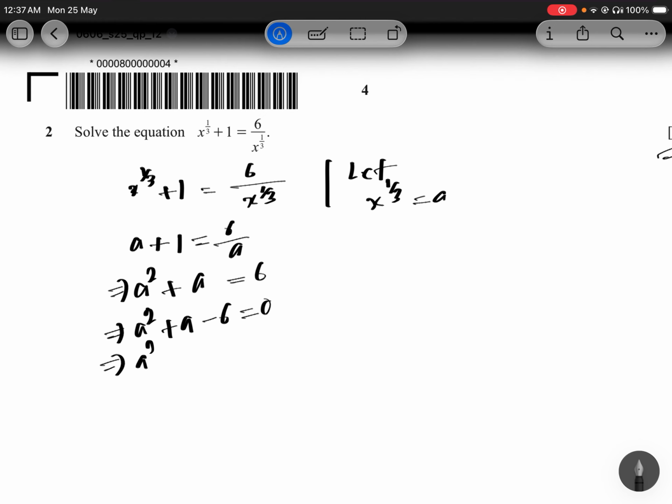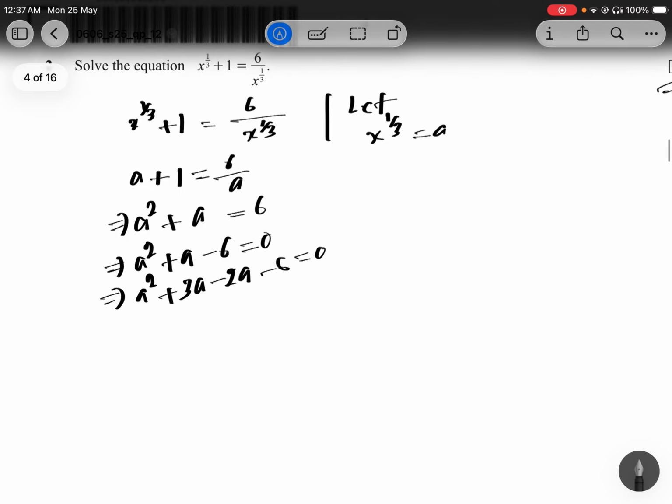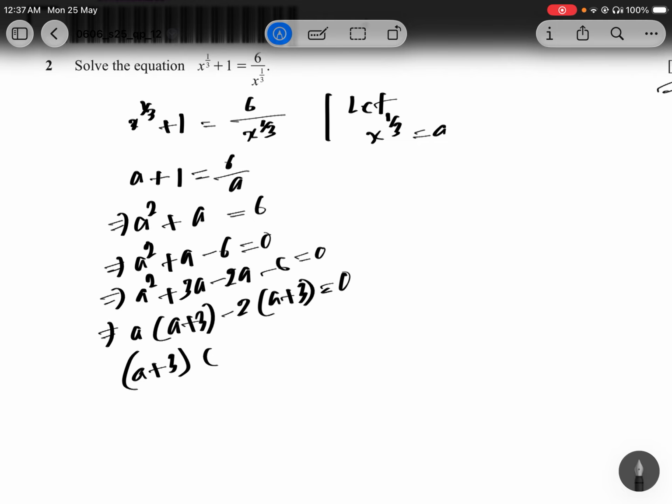Here I have to split the middle term. So which is a squared plus 2a minus 3a minus 6 equals 0. If I take a as common, a minus 3, and if I take 2 as common, a minus 3, equals 0. So our two linear factors should be a plus 2 and a minus 3 equals 0.